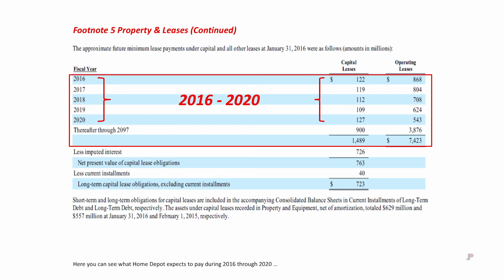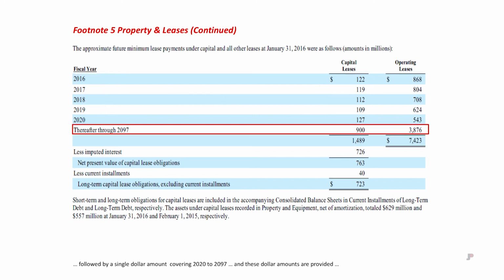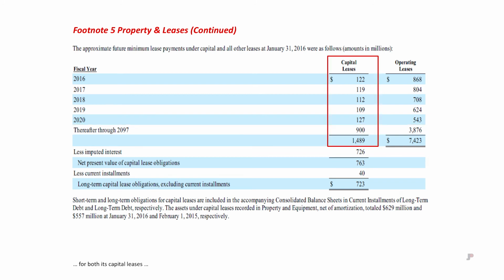Here you can see what Home Depot expects to pay on its leases during 2016 through 2020, followed by a single dollar amount covering 2020 to 2097. Yes, spanning a 77-year period. And these dollar amounts are provided for both its capital leases and its operating leases.